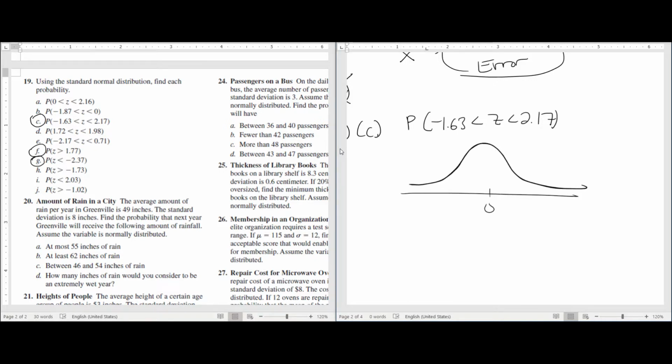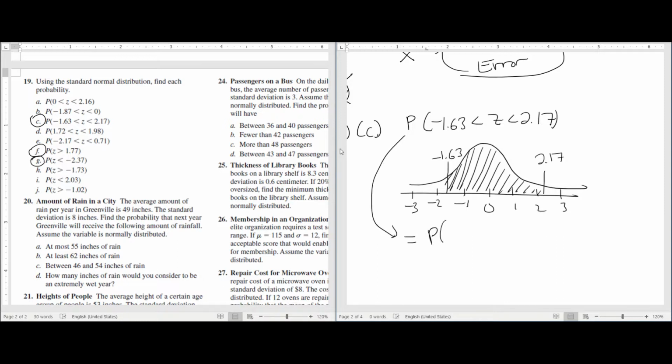You have 0 in the middle, 1, 2, 3, negative 1, negative 2, negative 3. Label your negative 1.63 and your 2.17. We want the z between those, so we need to find the area in between them.